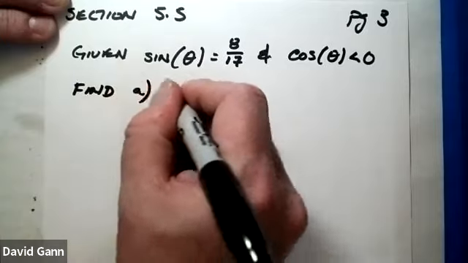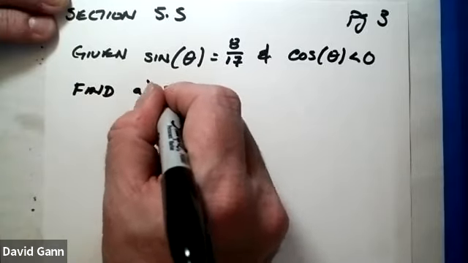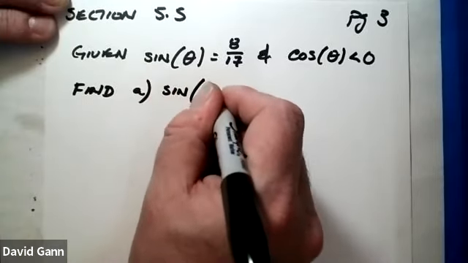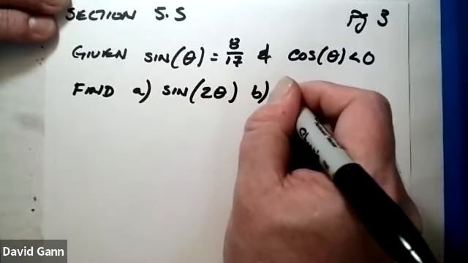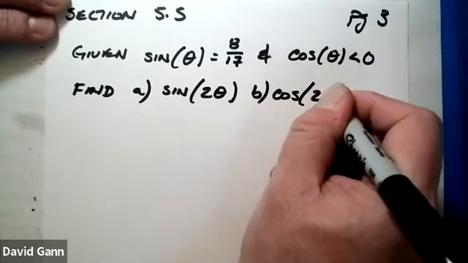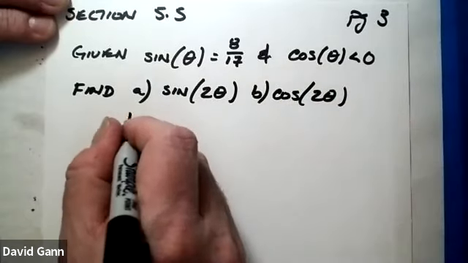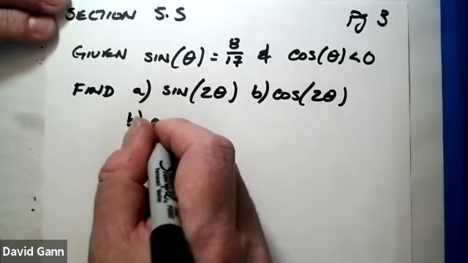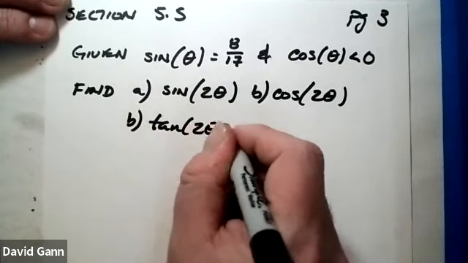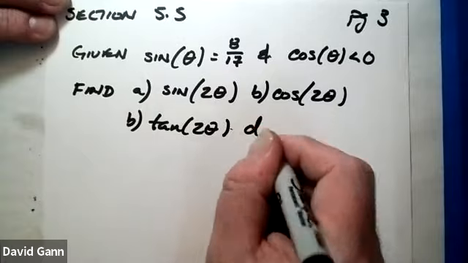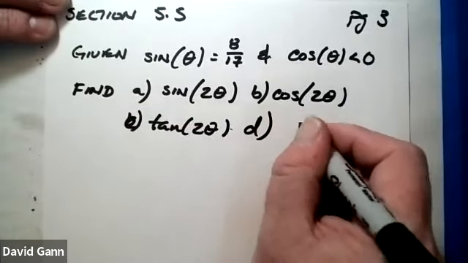Let's find first what the sine of 2 theta is, then cosine of 2 theta, tangent of 2 theta, and lastly, sorry, this is C, lastly, the quadrant of 2 theta.